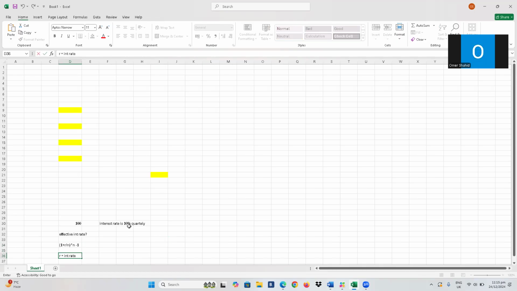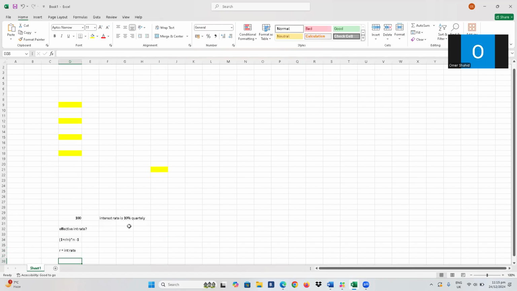So our interest rate is 10%, right? r is our interest rate and n is our number of periods.